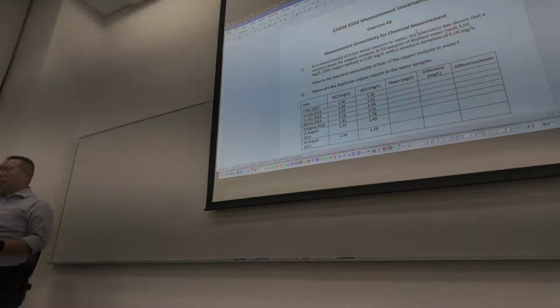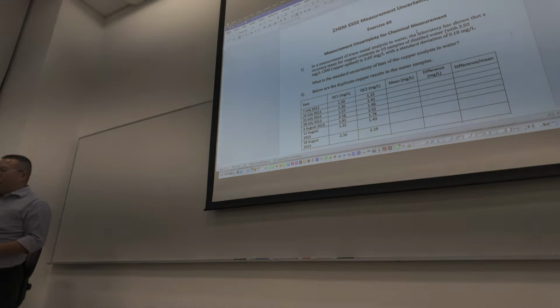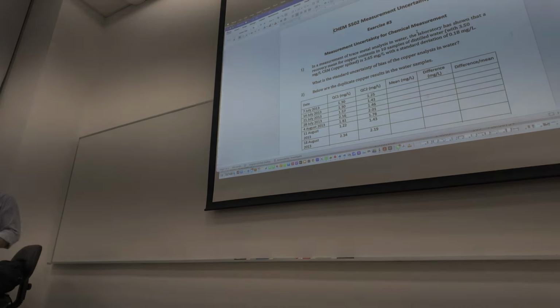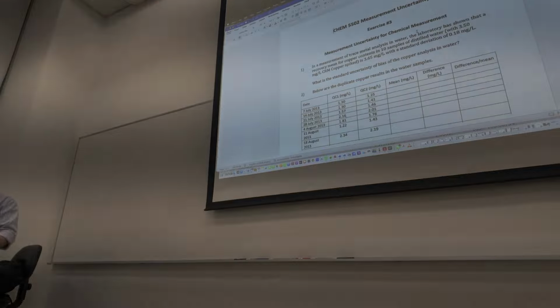The recovery of copper content in 10 samples of distilled water, with 3.5 milligram per liter of CRM copper spike, was found to be 3.65.